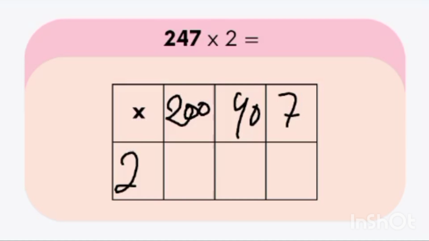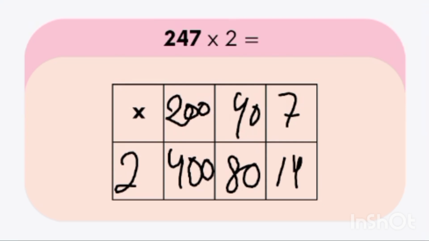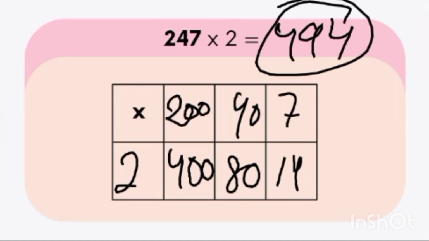When we multiply 200 with 2, we get 400, when we do 40 times 2, we get 80, and 7 times 2 equals 14. Now in our last step, we add them all, and we get 494. It means 247 multiplied by 2 equals 494.